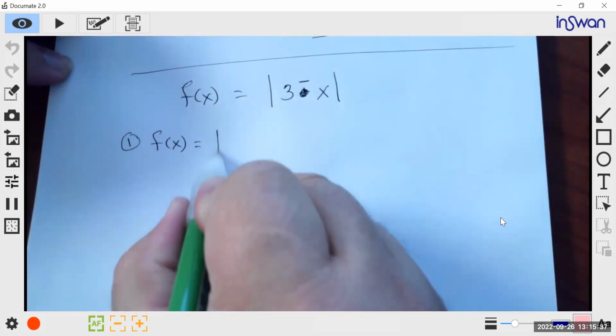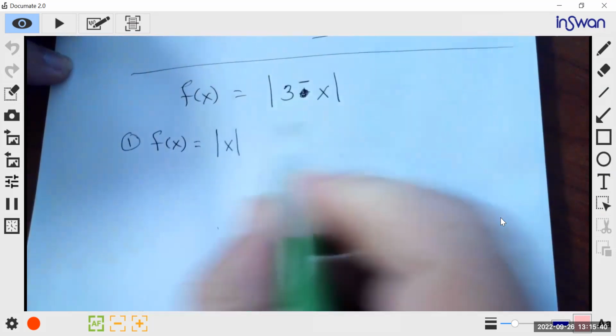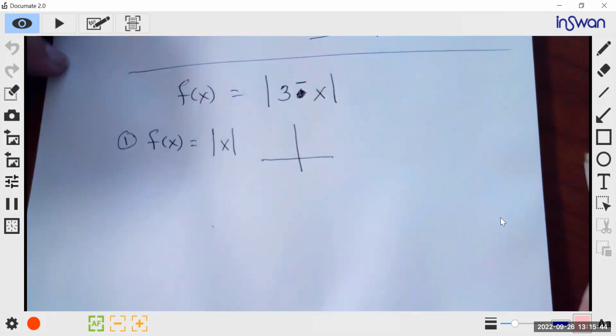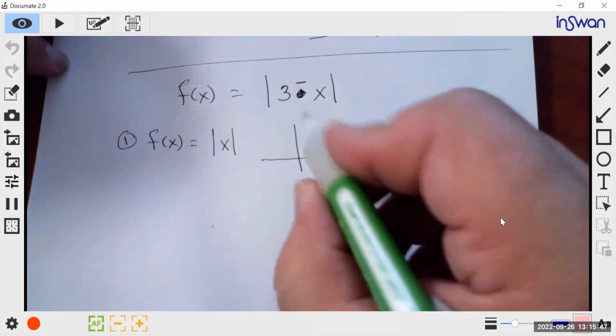Absolute value of X, very good. What does the graph look like? Yeah, it's a V, very good.